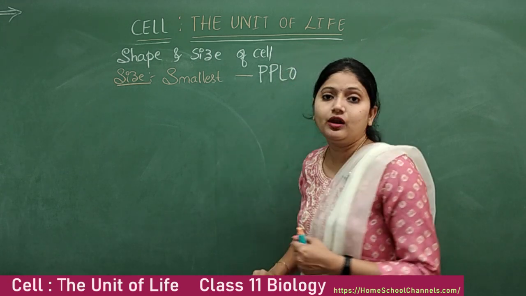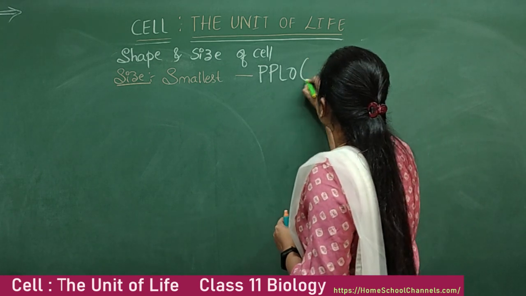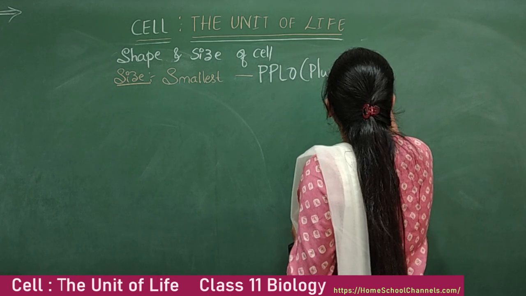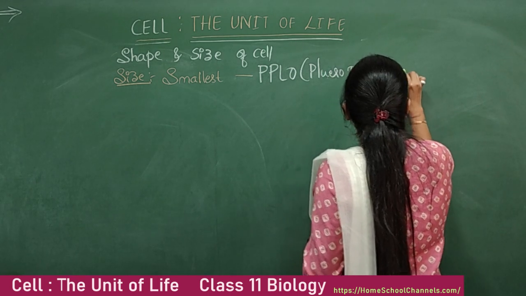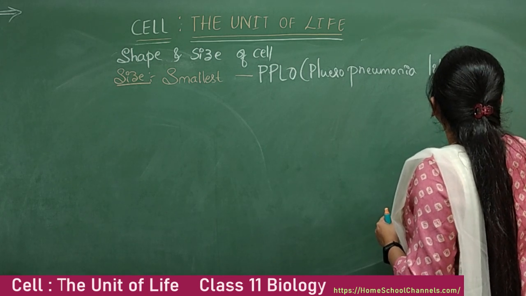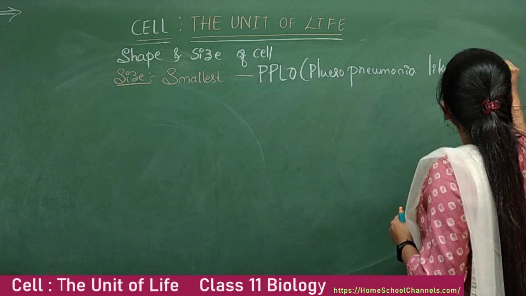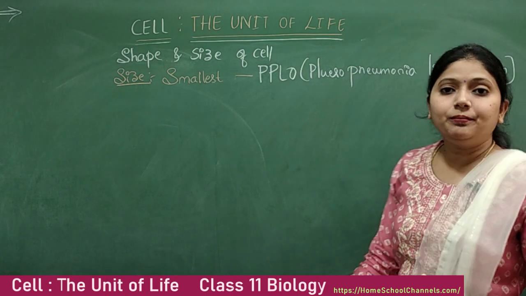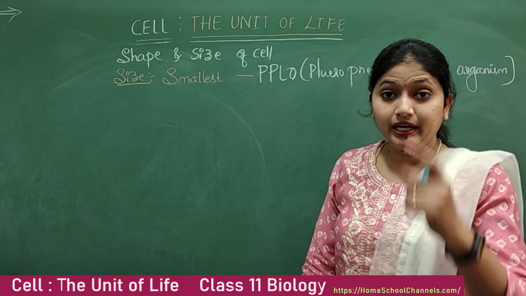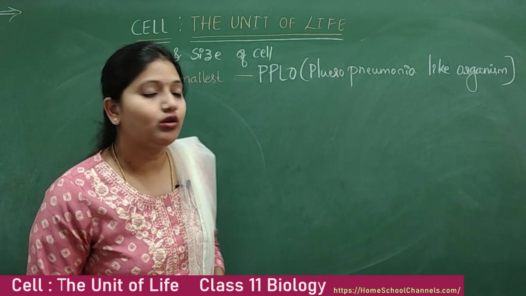PPLO. What is PPLO? PPLO is pleuropneumonia-like organism. Okay, so PPLO is the smallest organism, but again remember, while asking the question, they may trick you in this way also.